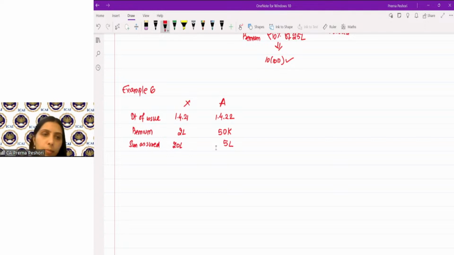Consideration received on maturity: this is received on 1/11/2031, 25 lakhs, and this is received on 1/11/2032, 6 lakh. So in this case, what will be the exemption?